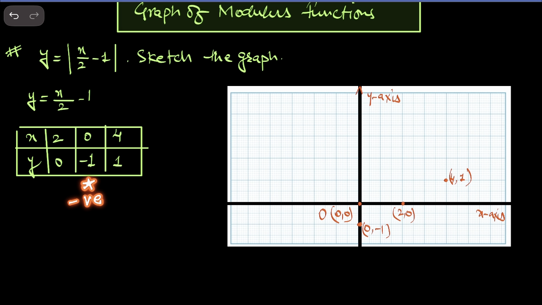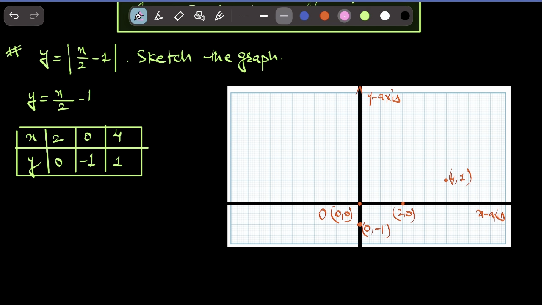So what we are going to do is make this minus 1 to plus 1. Why? Because there is a modulus sign present, so y cannot be negative. So I will make this particular minus 1 to plus 1, and now this point on the graph is coming at this position.